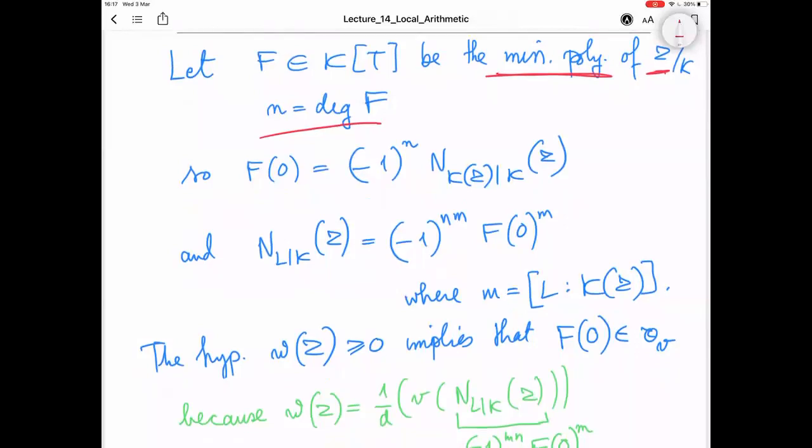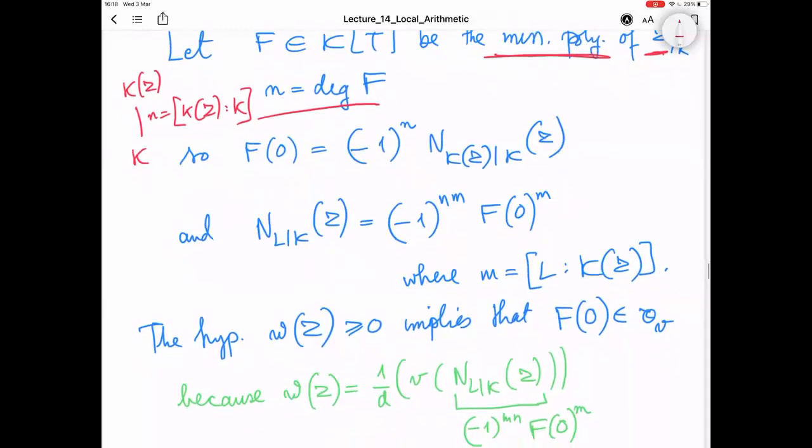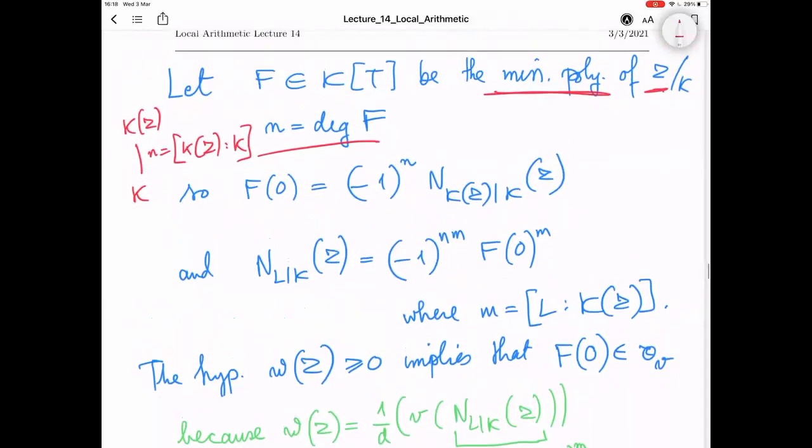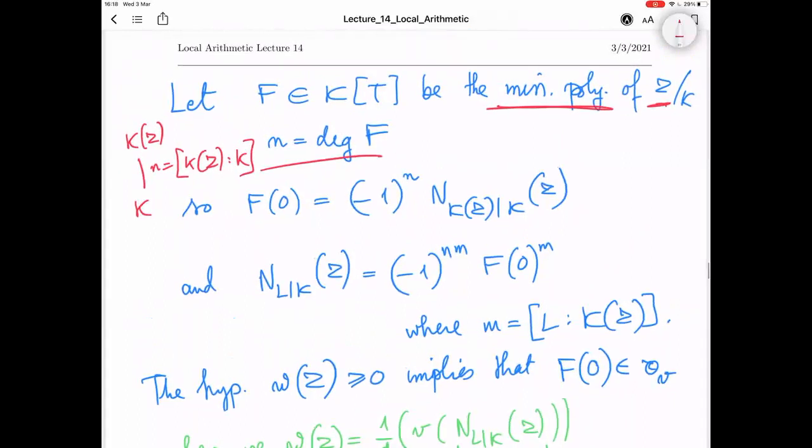It's also equal to the degree of the field KZ, an extension of K, and this degree is N. It's the degree of Kz over K. And now you have to know a little bit about the minimal polynomial: the norm from Kz to K of Z is related to the constant term of the minimal polynomial.